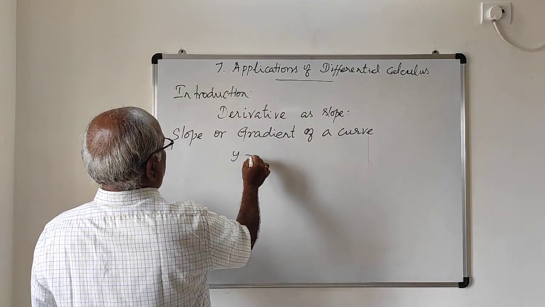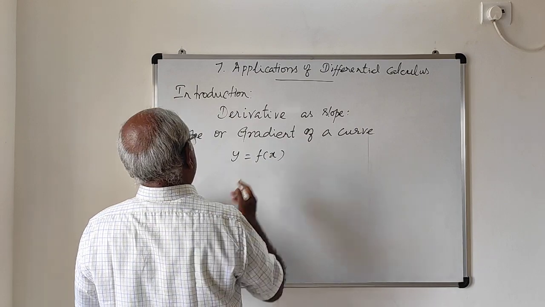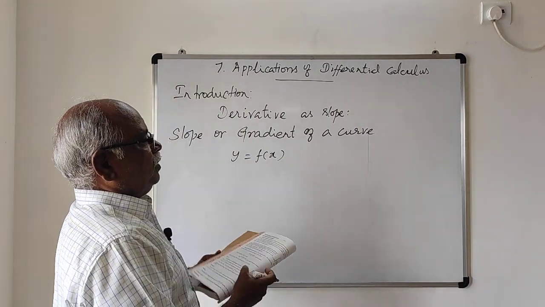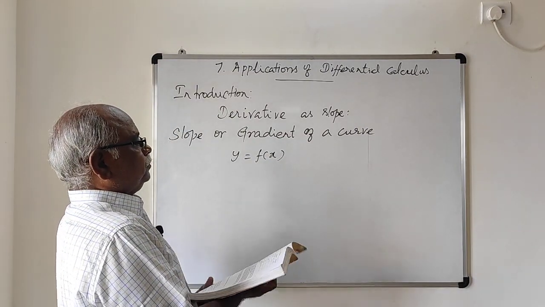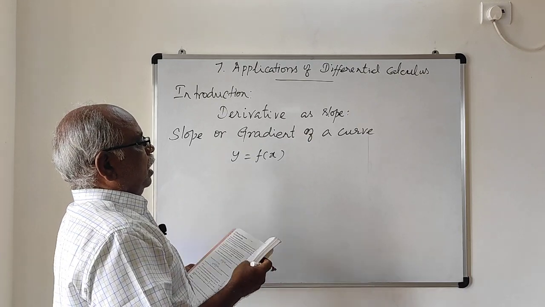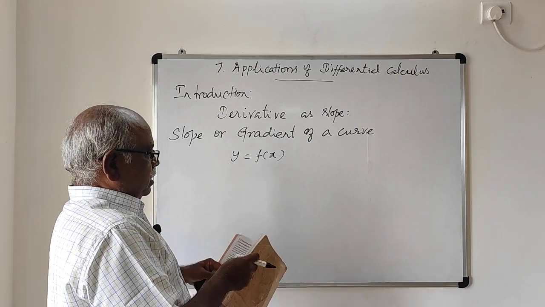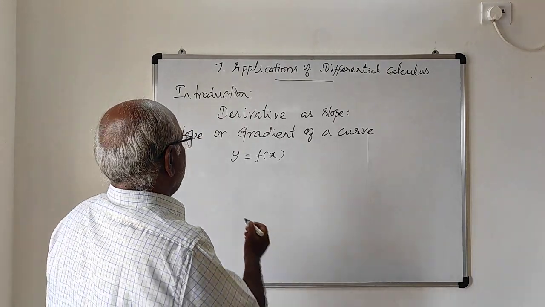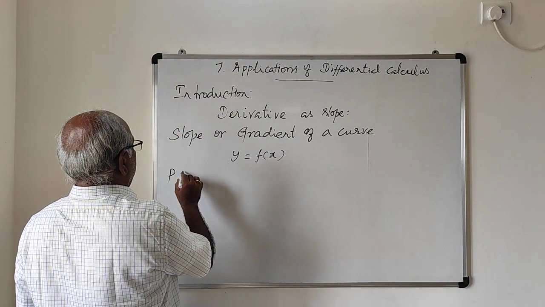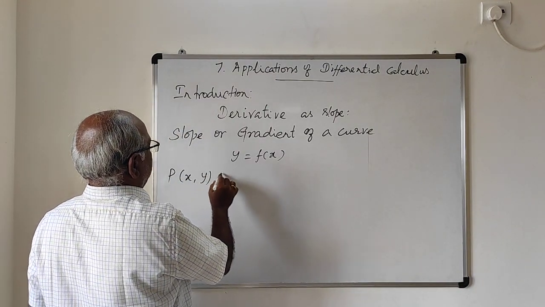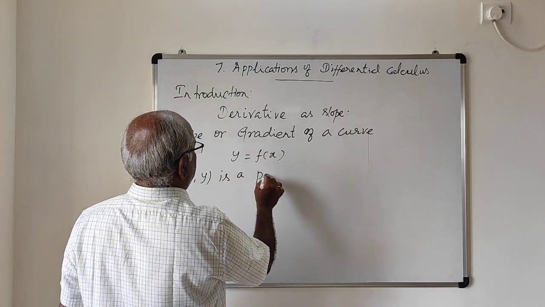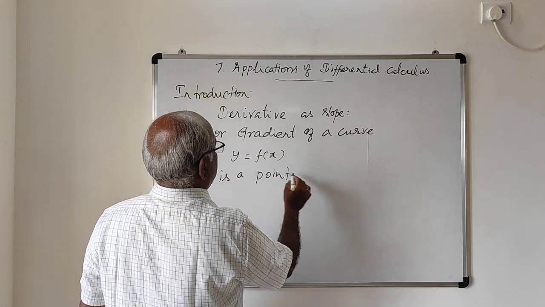Suppose y equal to f of x is a given curve. And a point P, x comma y, is a point on the curve.